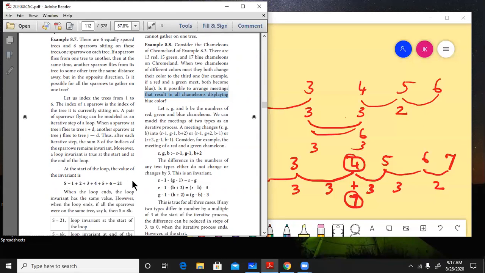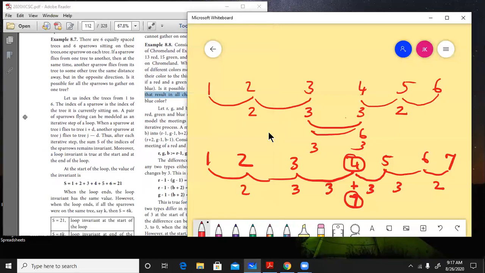That's why I explained in the beginning with a plain explanation, as a layperson's understanding. Now coming back to your textbook, they are using the number for that sparrow. First sparrow, the number is 1. Second sparrow, the number is 2. Third sparrow, the number is 3. Fourth sparrow, the number is 4. Like that, they are using it. Clear? And then they are adding the number given to each sparrow.